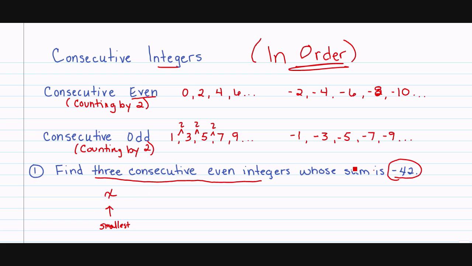If I'm finding the sum, so I'm adding, think about this for a second. If x were 0, how do I get to 2? I would have to say x plus 2, because if that's 0, plus 2 would give me 2.